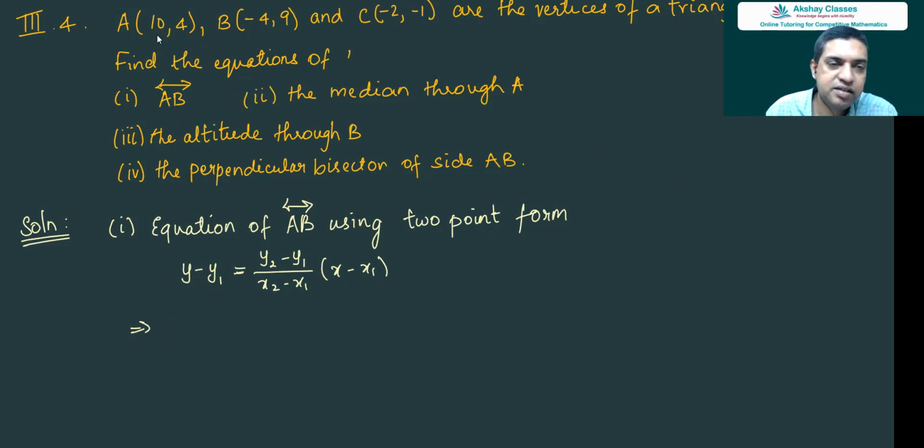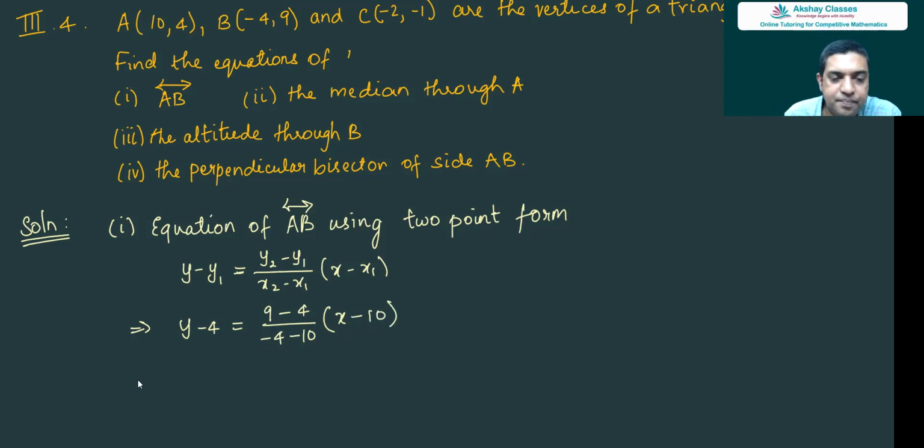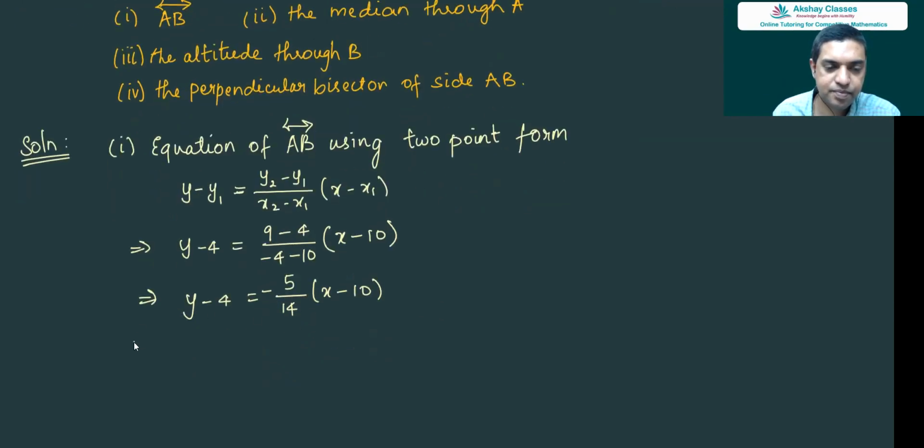Okay. So here A is (10, 4), B is (-4, 9). Treat this as (x1, y1) and this as (x2, y2). So we have y minus 4 is equal to (9 minus 4) by (-4 minus 10) times (x minus 10). So y minus 4 is minus 5 upon 14 times (x minus 10).